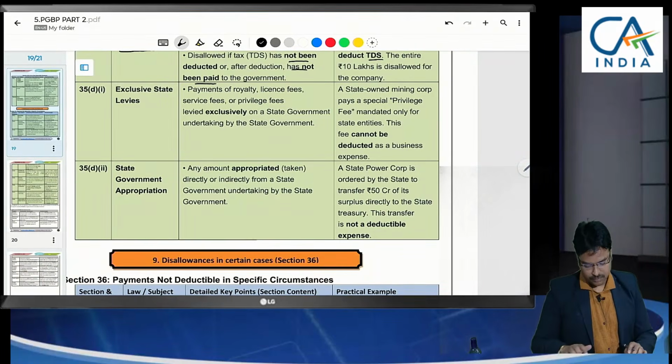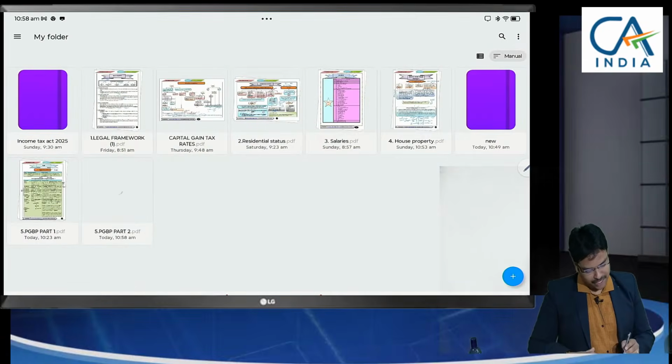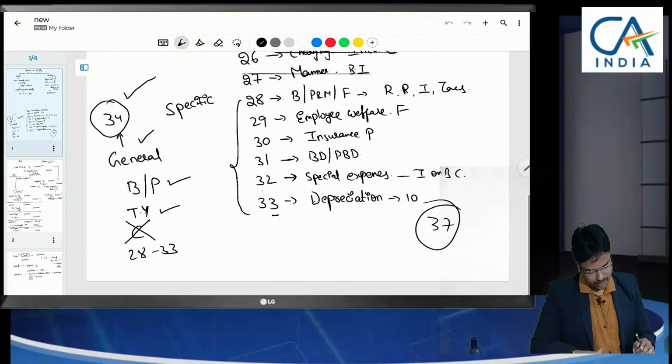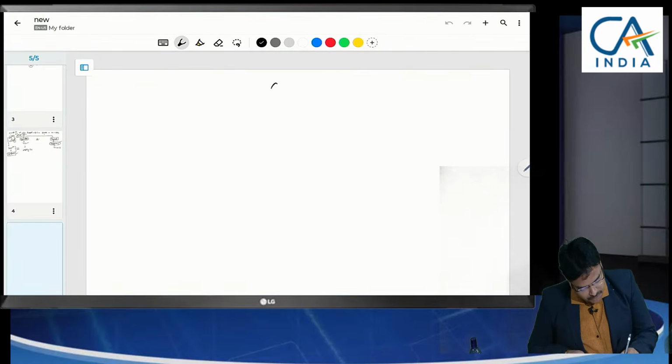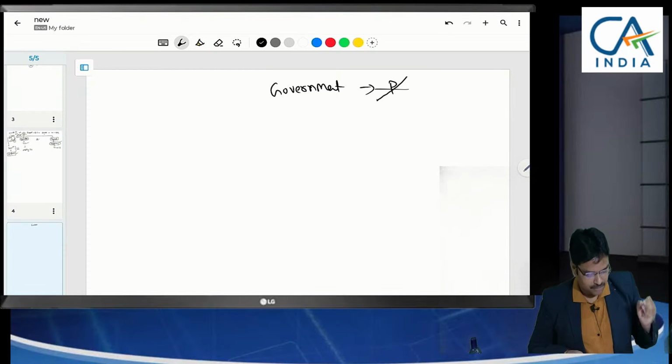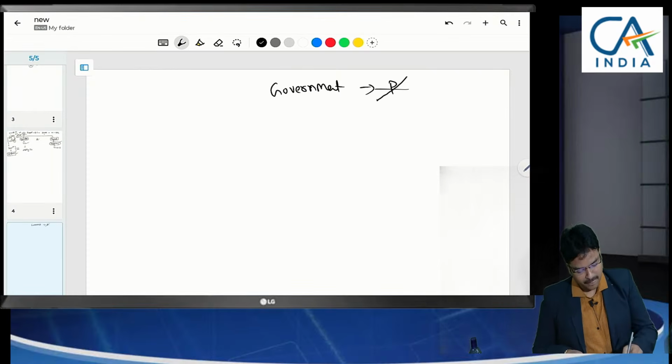Next, in order to understand these two, some basics we need to know. Will government pay income tax? Government is not a person at all, so government will not pay income tax.